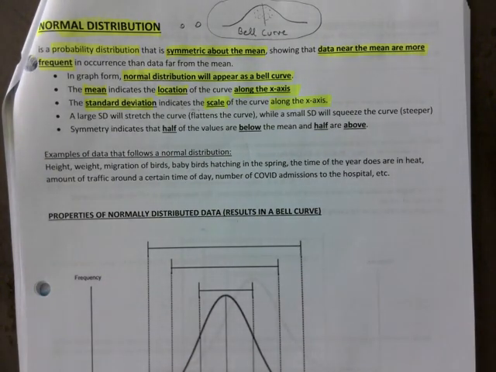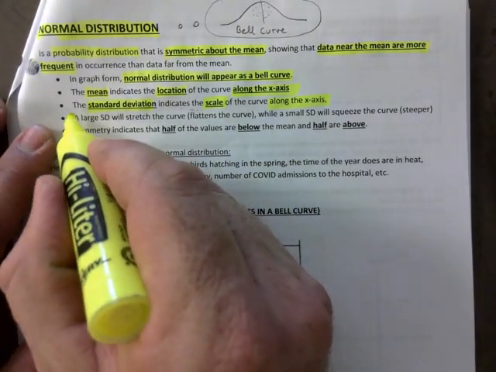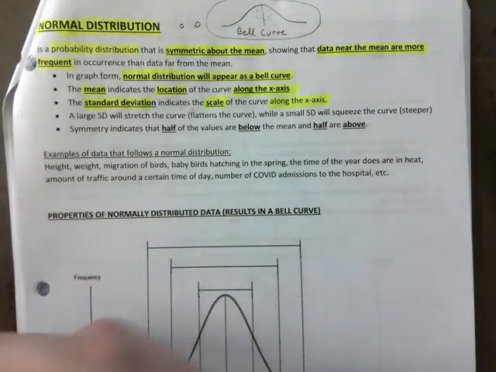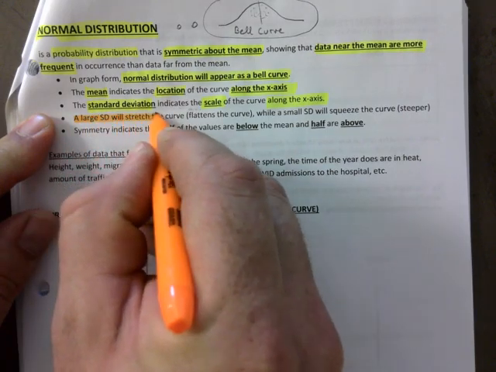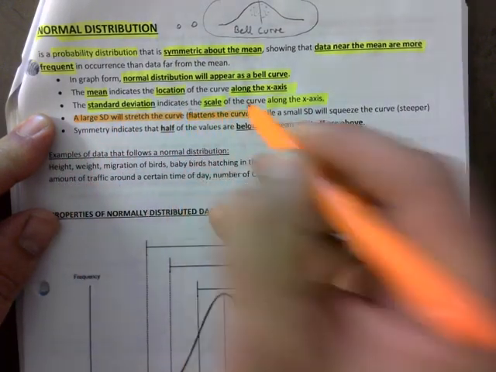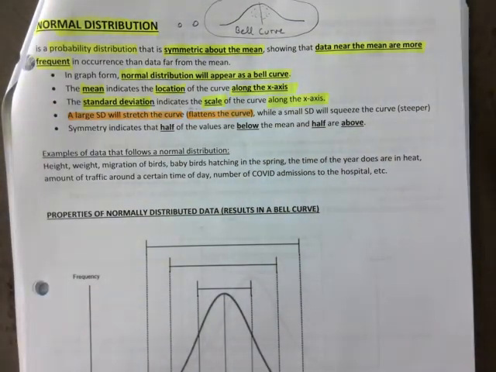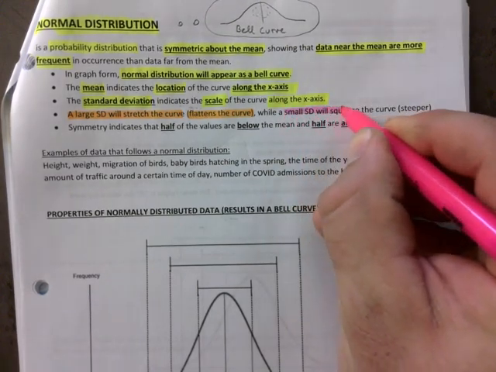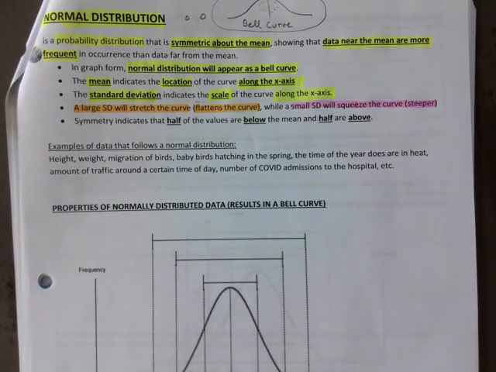I'll show you that with an interactive normal distribution in a bit. A large standard deviation will stretch the curve, it flattens the curve, while a small standard deviation will squeeze the curve and it'll be steeper.